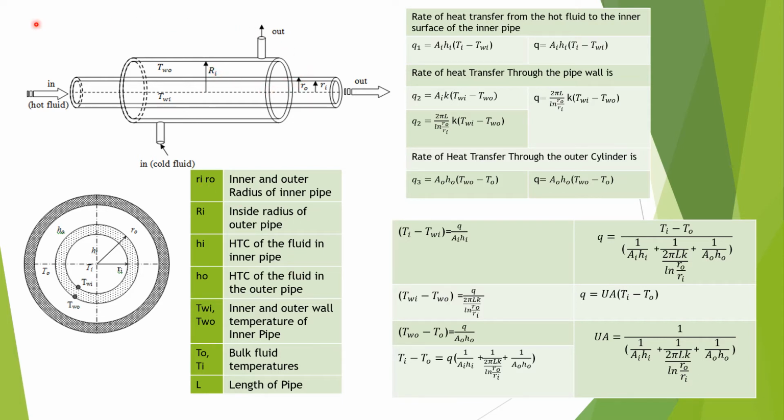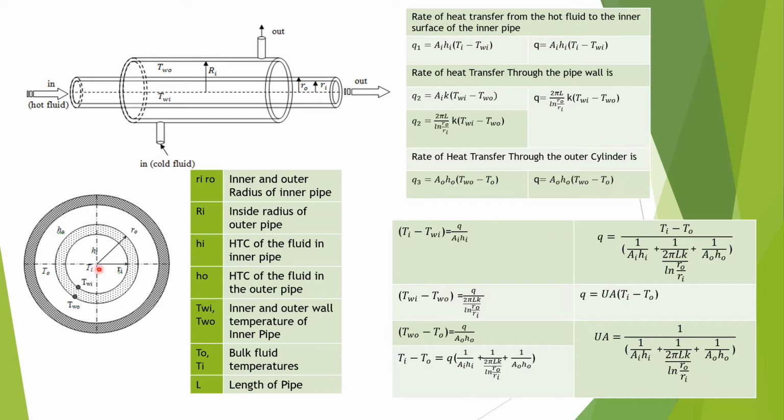And now we will move to the notations of this arrangement. Here ri is the inner radius of the inner pipe. You can see it in more detail in this cross-sectional view of this arrangement.